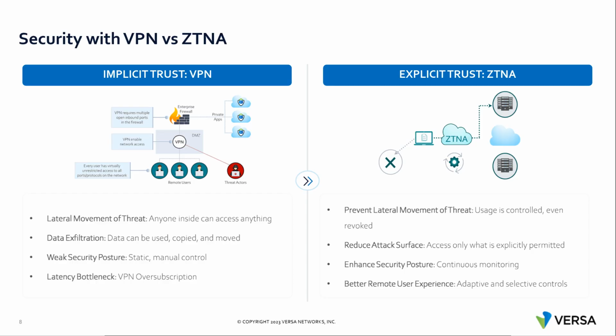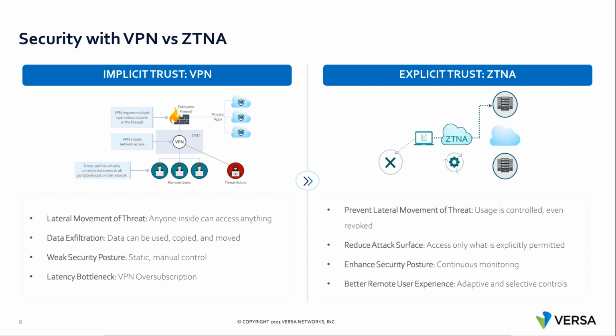Okay. So in the case of ZTNA, it flips the script the other way around. It prevents lateral movement of threats because you are just going with default deny, so the person only has access to the application. There is a reduced attack surface because the person is only explicitly allowed to look at the app they are allowed to, and you can even have granular control over what type of activities they can do in the app.